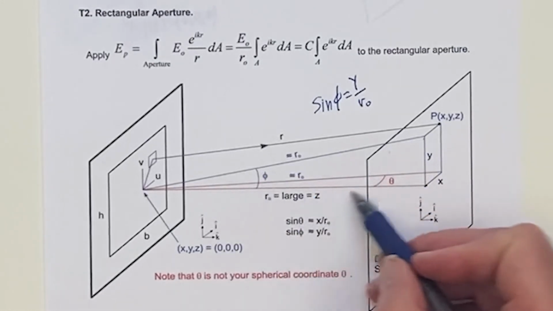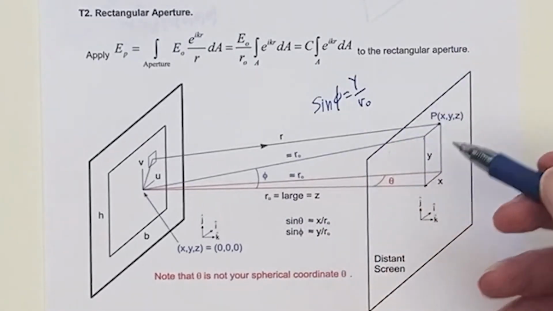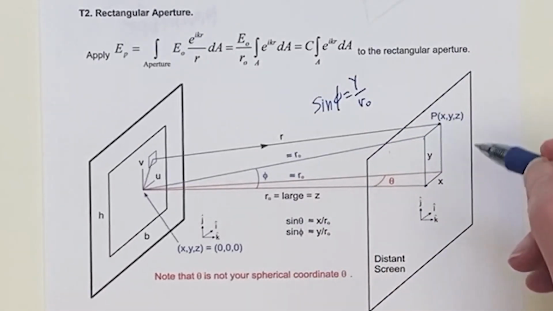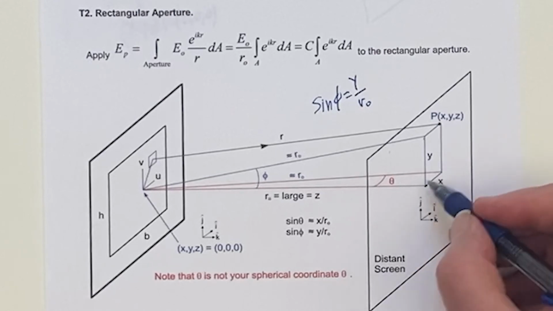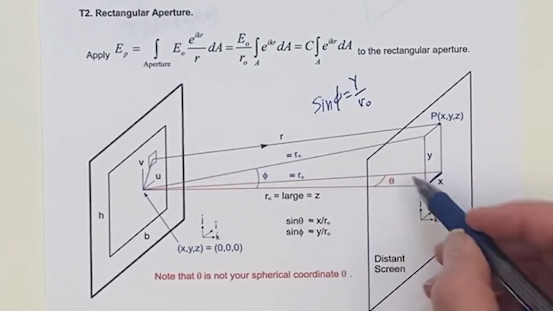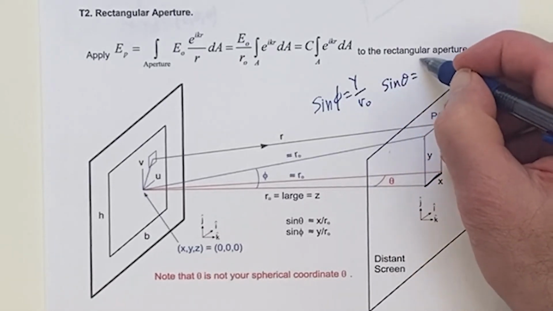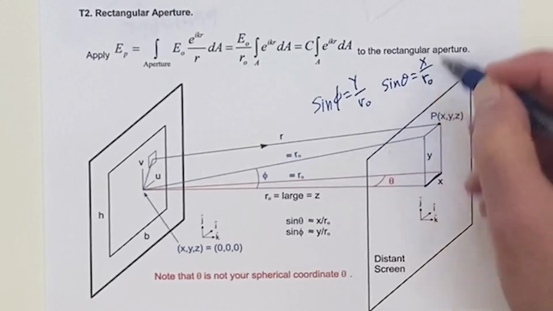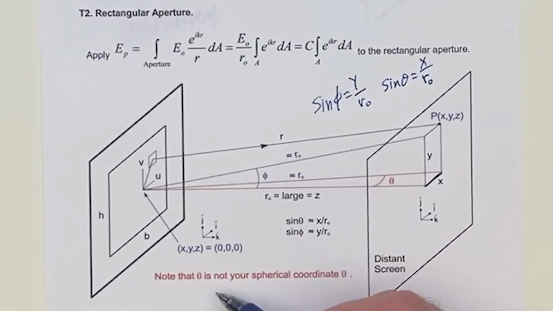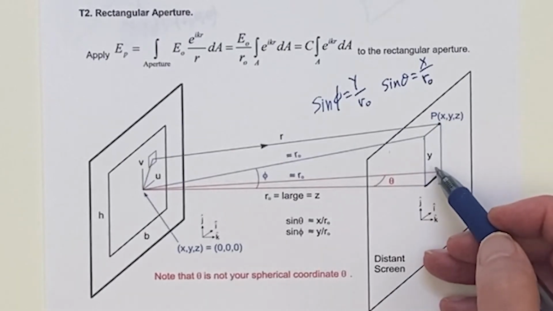The r naught is taken to be the same there, so the tangent and the sines are the same, very far away. Then if we go in the x direction, the sine of theta is x over r naught. This is not your standard spherical coordinates, I'm just defining these angles as convenient.